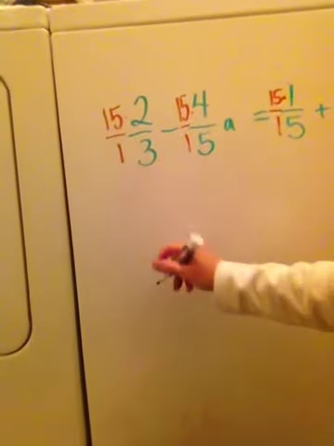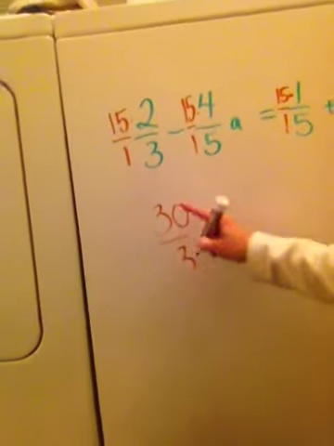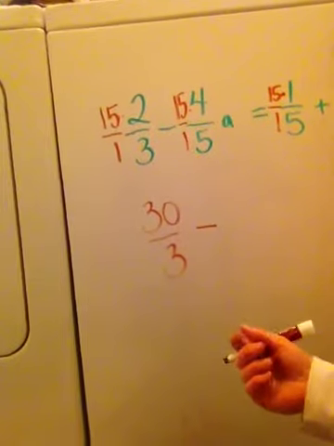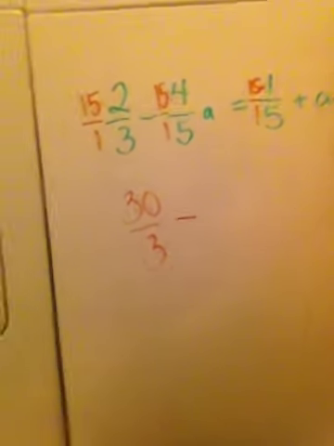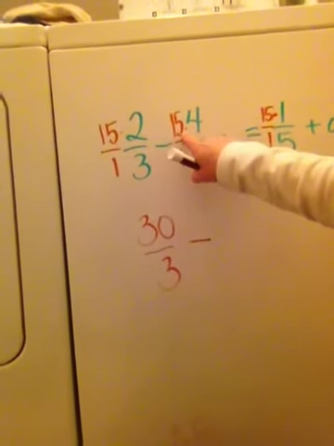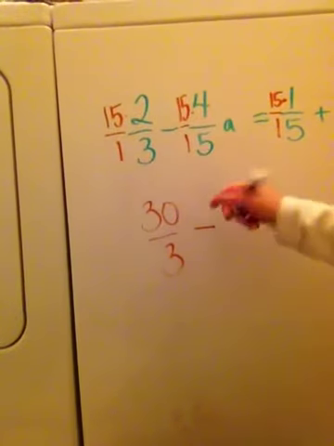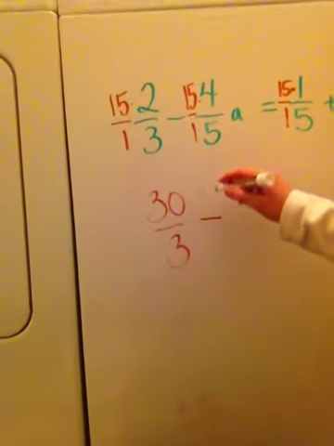So we just do 15 times 2 is 30 over 3. And some people will even be able to just divide it all out at the same time. If you can, you might even get to the point where you can see the 5s will cancel. Not this 5, but like you can pull 5 out of the 15. So this would be 3 times 4, so you'd get 12a. But if you're not there, that's okay.